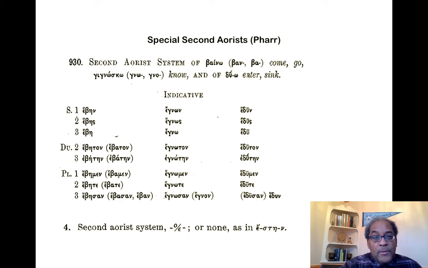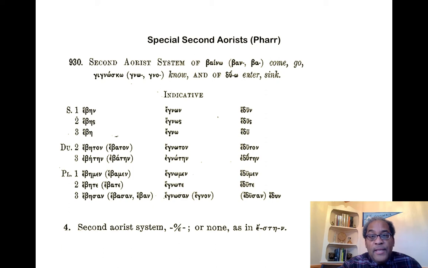And so you see the endings n, s, men, te, san added to ebe, and same thing with egno, and edu.